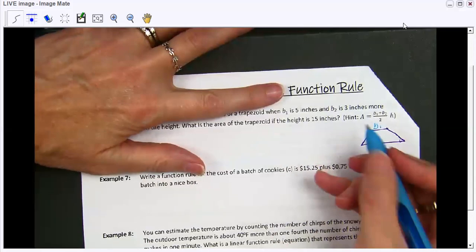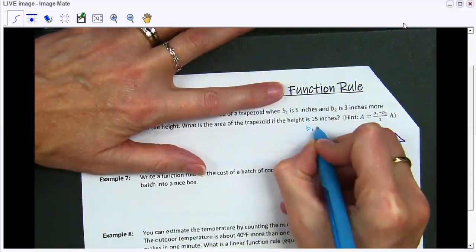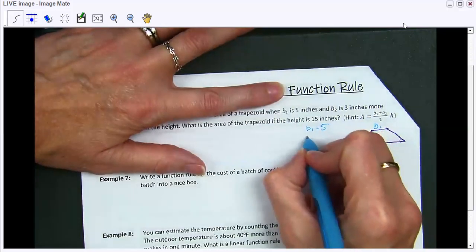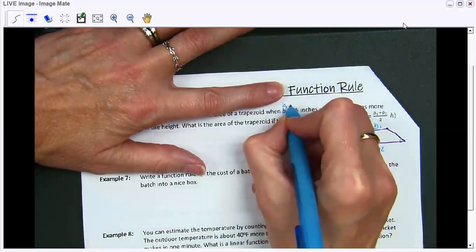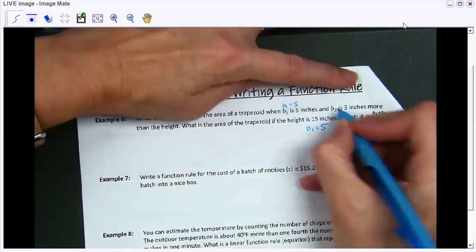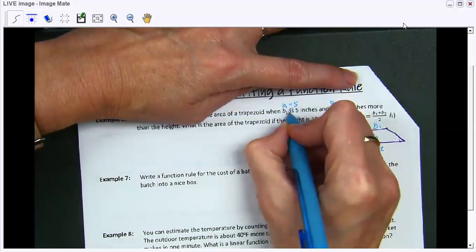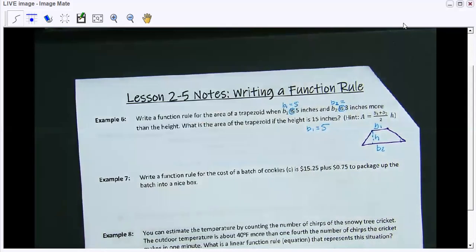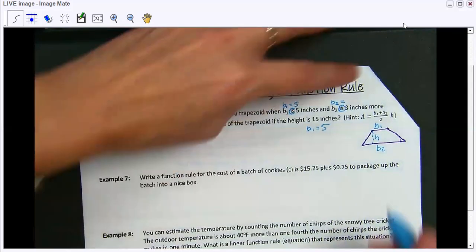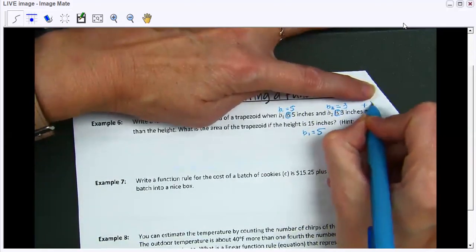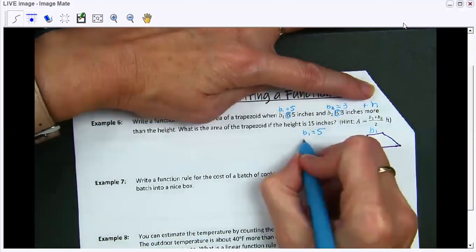It tells me that base 1 is 5, and then base 2 equals 3 inches more than the height. More than is plus, so 3 inches more than, and then I'm just going to put H for height. So here's base 2.